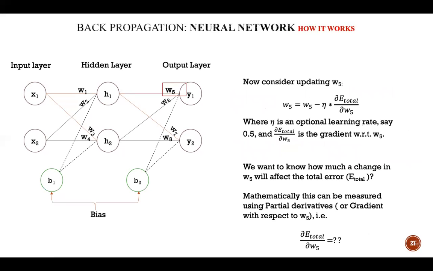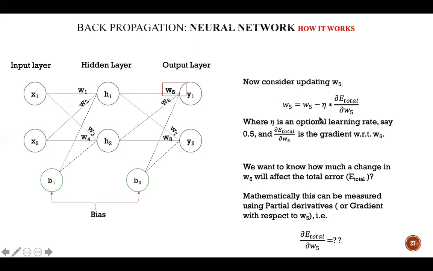So let's start by updating weight number 5, because if you have to start somewhere, let's start here. How do you update that one? Updating weight number 5 is equal to weight 5 minus eta multiplied by partial E total divided by partial W5.